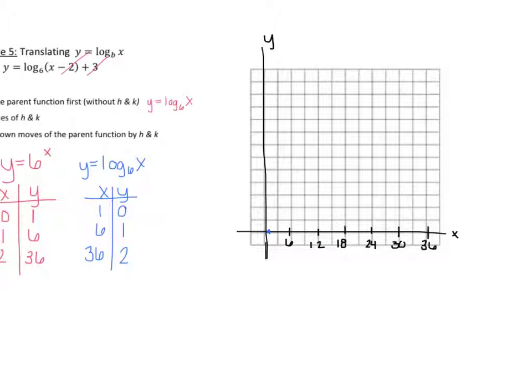Okay, and then 6, 1, and 36, 2. And your graph may look a little different than mine, or on your homework, yours might look different than somebody else's, depending on exactly what you did.